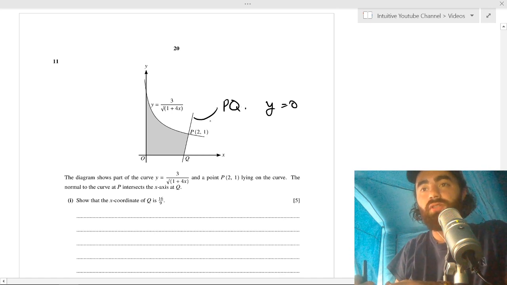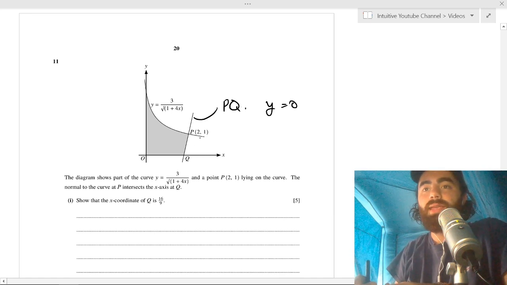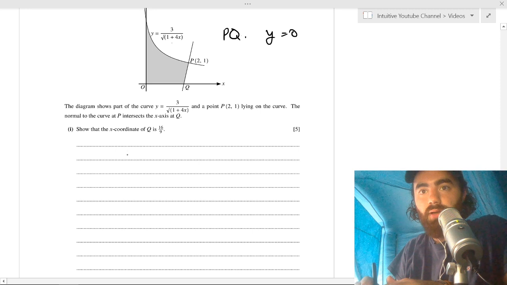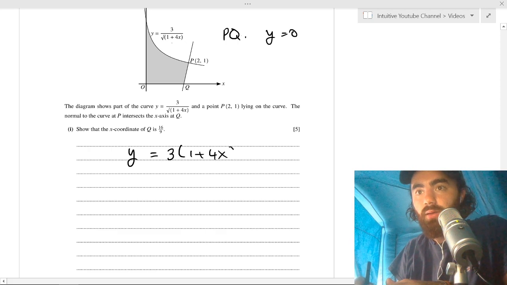And to find the equation of a line, we need the gradient of that line and also a point on that line. A point on that line is already given to us, and the gradient can be found through the differentiation of this curve. So let's write down our curve equation, which is, if we bring this up and put it in exponential form, we get this to the minus a half.